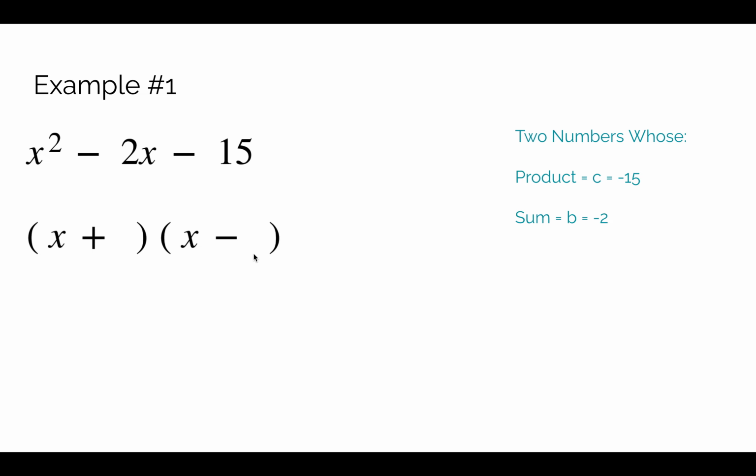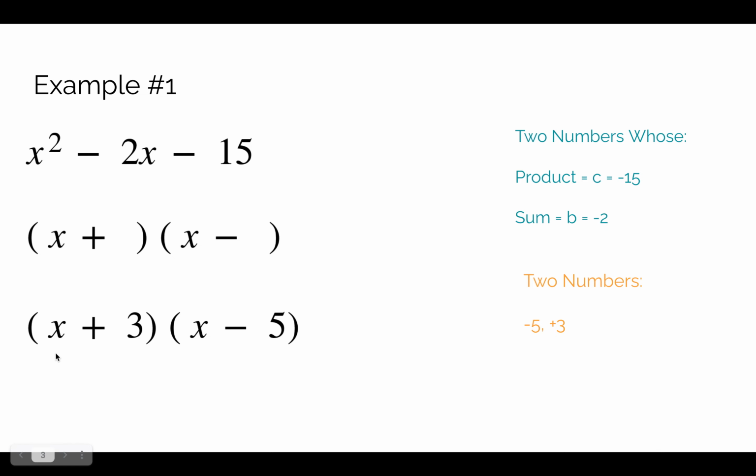Well, we need to find numbers that you can multiply to get negative 15, such as negative 1 times 15, negative 15 times 1, negative 3 times 5, negative 5 times 3. In this case, the two numbers that work are negative 5 times positive 3. So if you put them back into this factored form, we get x plus 3 times x minus 5.